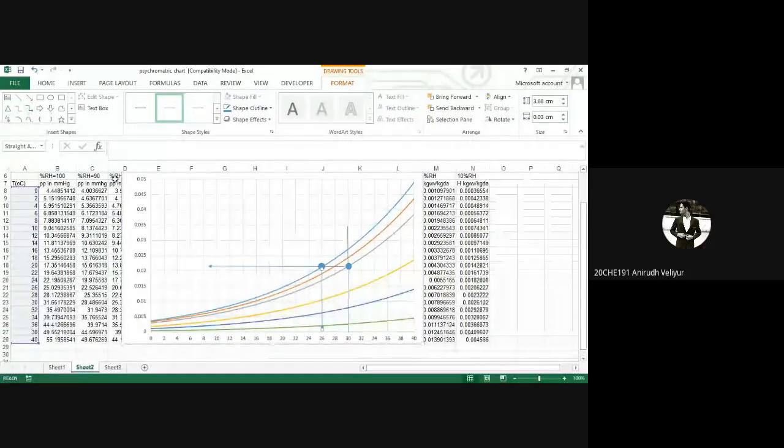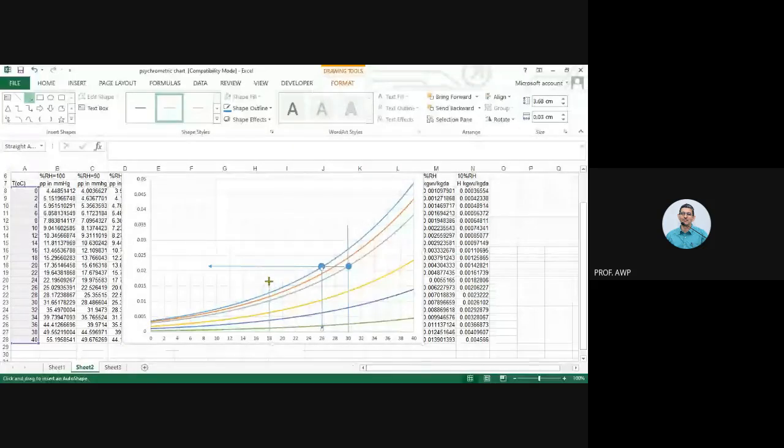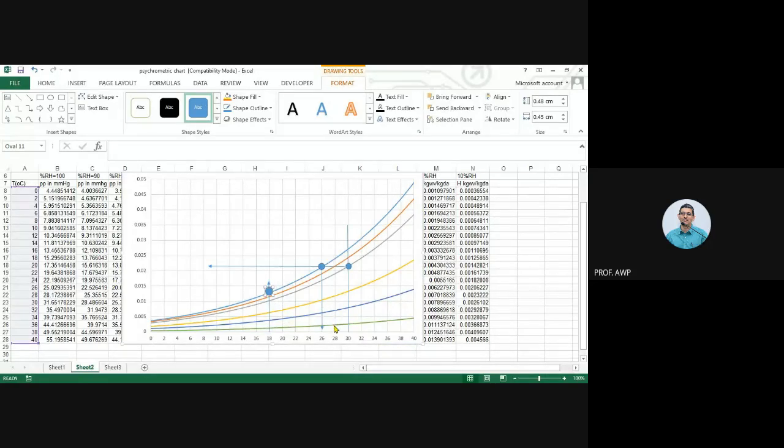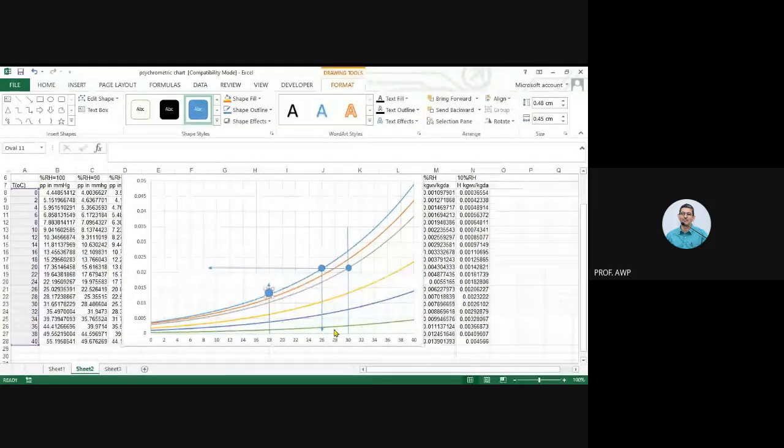Suppose I say that the dew point is 18 degrees centigrade. That means we are somewhere along this line, at this particular point, 100% RH and 18 degrees centigrade. Suppose the dew point is 18 degrees centigrade and percent RH is 50.